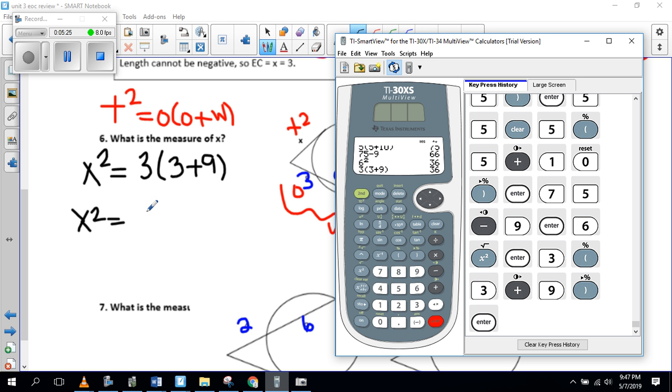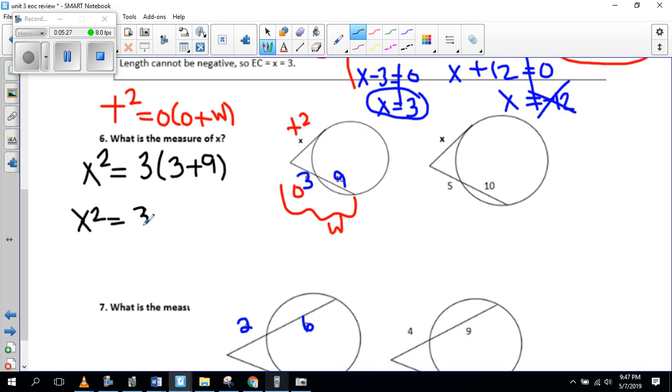We get 36. Now, we want to get X by itself. I know X squared normally demands everybody, but there's only 36. The simple way to do this is we got to undo this square here. The easy way to undo a square is to square root it.